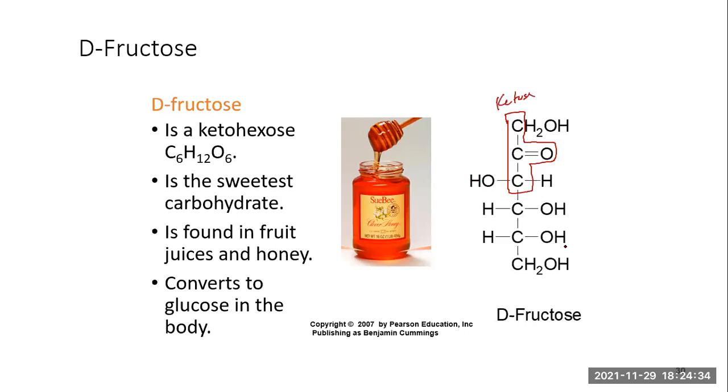This being D-fructose, as that is our last chiral carbon, our OH group is on the right. It is the sweetest of the carbohydrates. It's found in fruit, juice, and honey. In the body, it can convert into glucose, so it can do that conversion. Again, this is another structure like we talked about earlier that you do need to be familiar with.